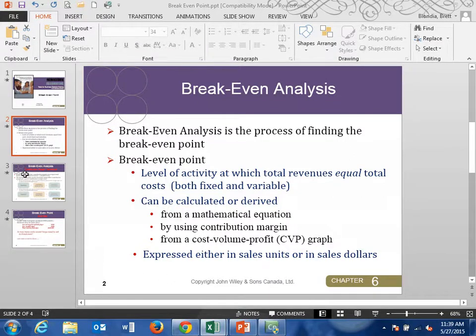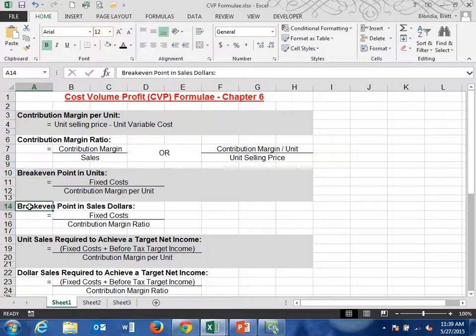We're going to focus on these two right here, the break-even point in units and the break-even point in sales dollars. For the break-even point in units, we take our fixed costs and divide by something called the contribution margin per unit.